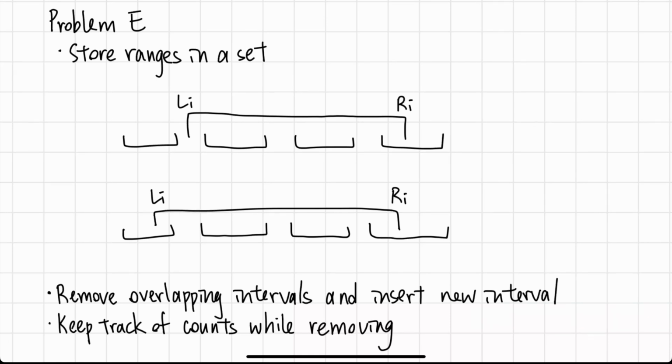Because the value for n is large, it can be up to 10 to the power of 9, that means that we cannot store n in an array. Instead, we can only store values of L and R. Because of this, we can store L and R in a set of pairs.